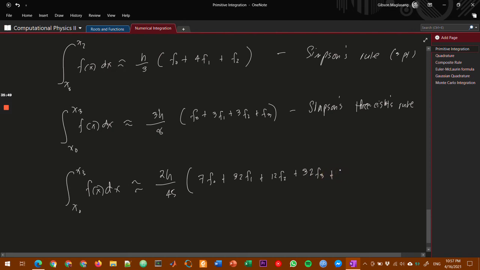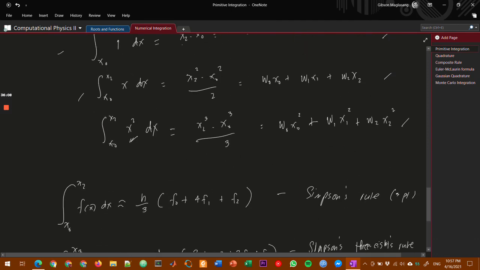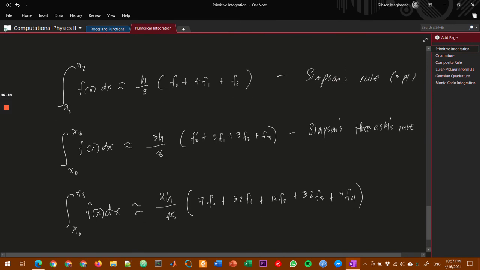plus 7 f4. So this is like ang Simpson nimo is ang katong trapezoid is linear man to, right? It's like pag-approximate mo sa imong integral ba kana siya line, a straight line. For the Simpson rule, it's like a quadratic, a curve. For the Simpson's 3/8 rule, so quadratic na cubic na siya ang iyahang pag-approximate sa curve.